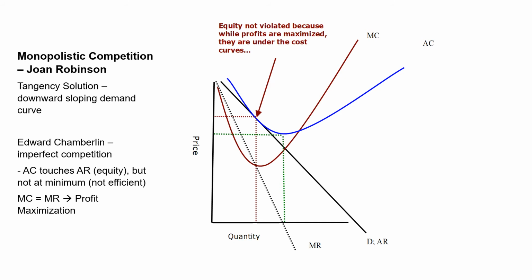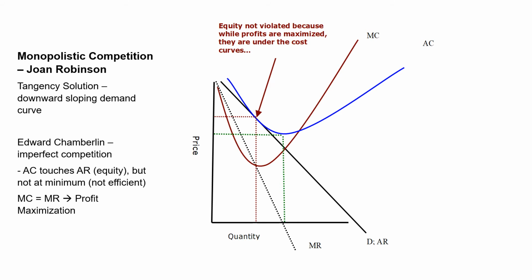And looking at our graph here, what we notice is that when we talk about the tangency solution, we're saying it's where your average cost touches your average revenue curve. So remember, we're looking at profit maximizing price, profit maximizing quantity. We arrive at that by where marginal revenue cuts marginal cost.